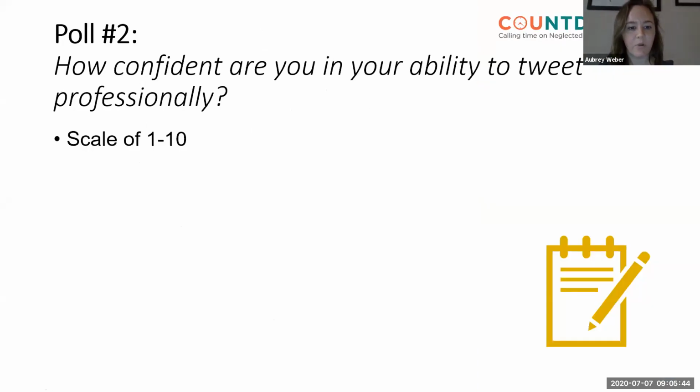Before we dive in, we'll start another poll. The question is, how confident are you in your ability to tweet professionally? 10 being that you feel like an expert tweeter, you know everything there is to know about what should go in a tweet and how to tweet, and 1 being you're completely new. We'll give you about 15 more seconds to vote.